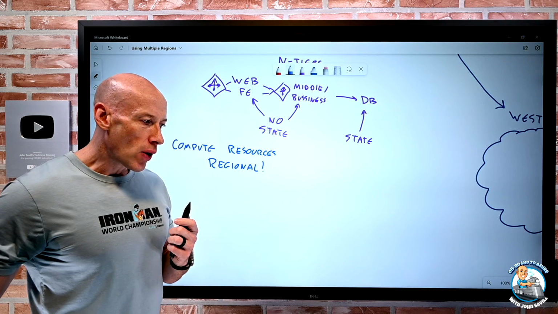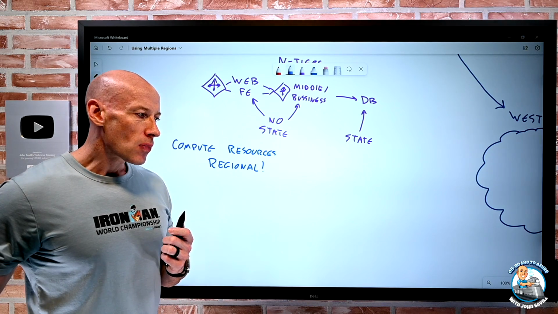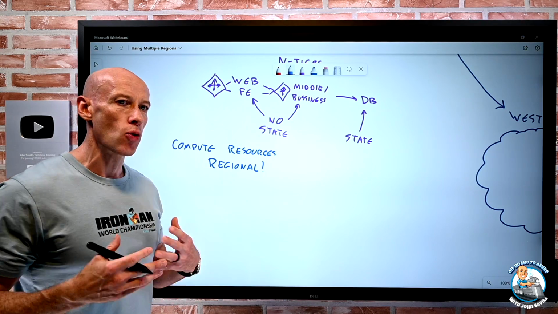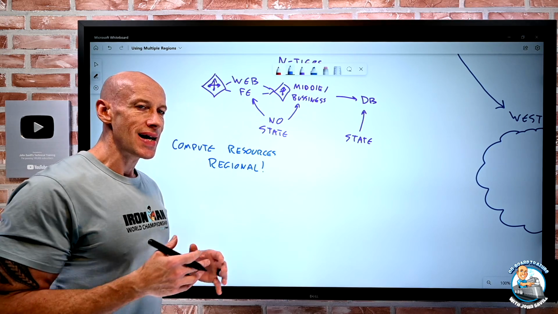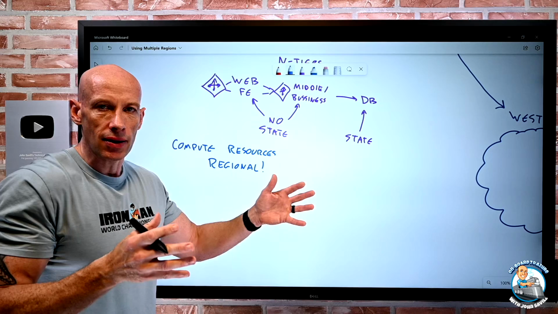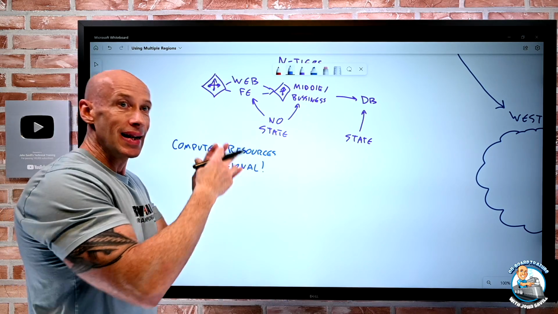And then the whole point of what I do is I would create instances of that compute service in multiple regions. I would create a VMSS in each region running its workload, zone redundant in each of them. I would create an app service plan in each region.